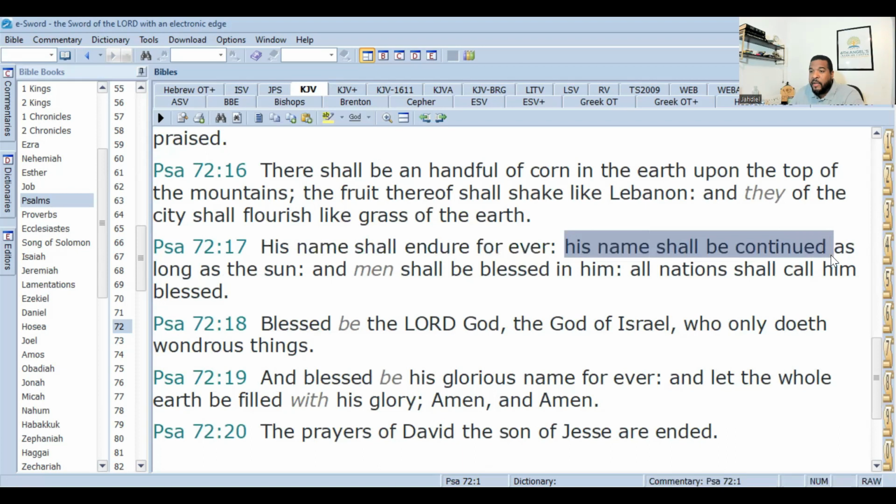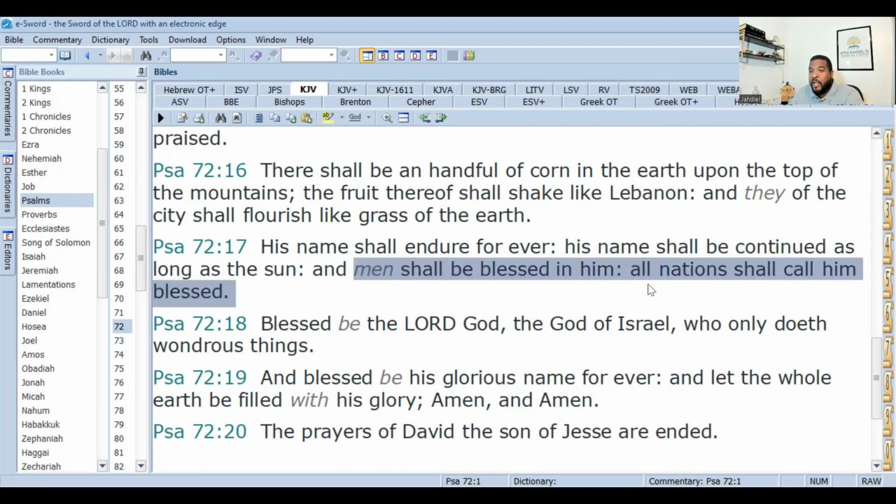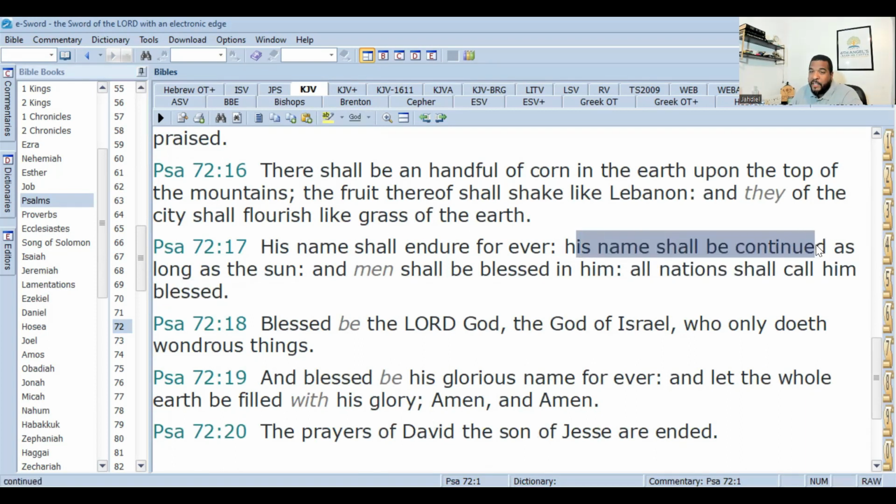His name shall be continued as long as the sun, and men shall be blessed in him. All nations shall call him blessed. So the word for Nun is the word here, continued. His name shall be continued as long as the sun.